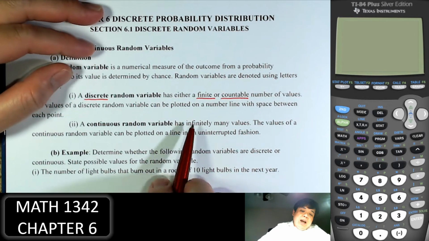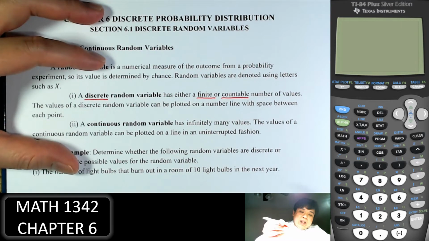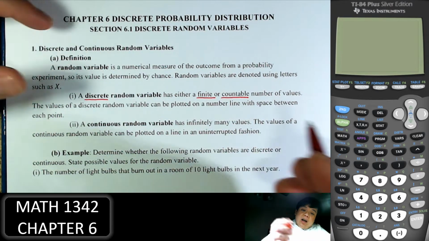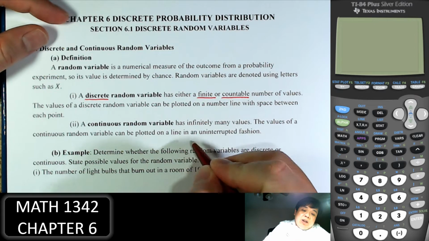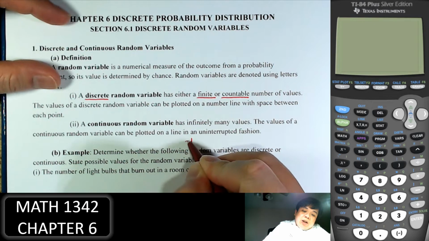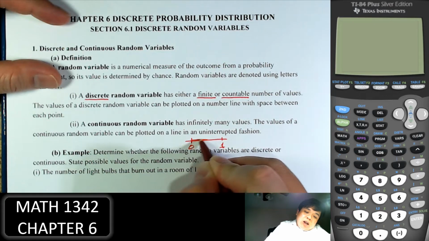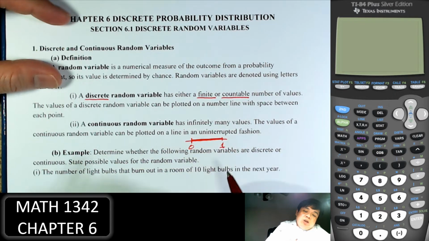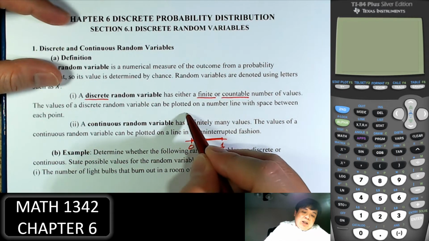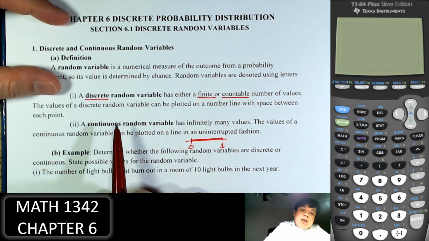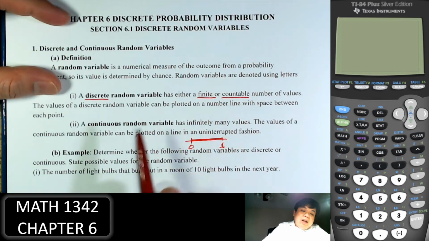Continuous has infinitely many values. It doesn't have to be infinity, but for example, if we take the whole line from 0 to 1, that will be continuous. With discrete, the line will not be complete. There will be space in between each point.